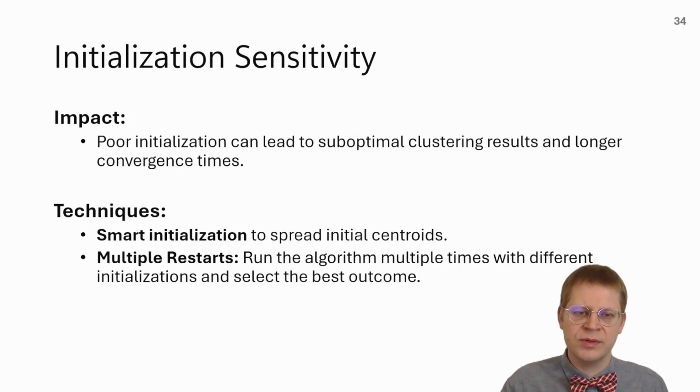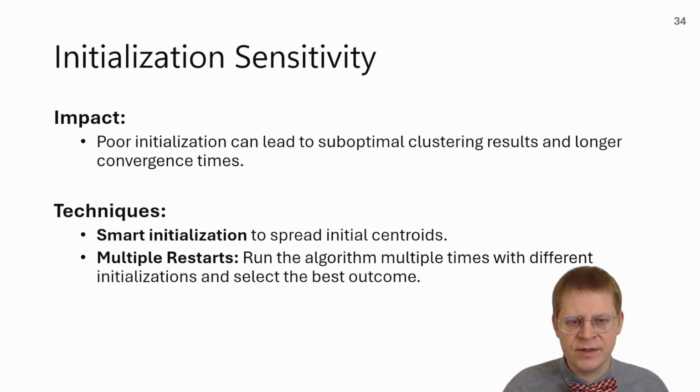If we're talking about the initialization step, poor initialization can lead to suboptimal clustering results and longer convergence times. How to deal with this? Use methods like KMeans++ and other methods to spread the initial centroids more evenly to improve speed and accuracy.